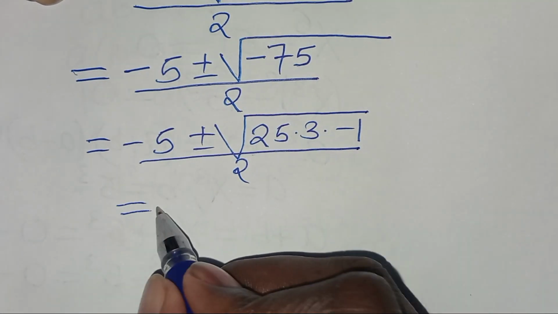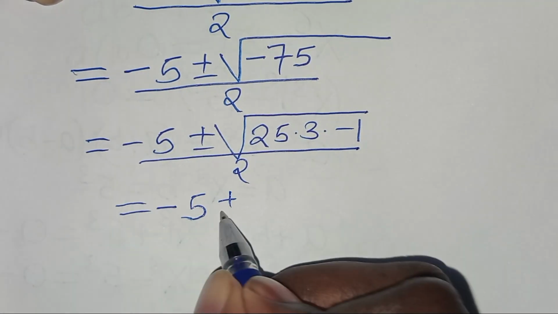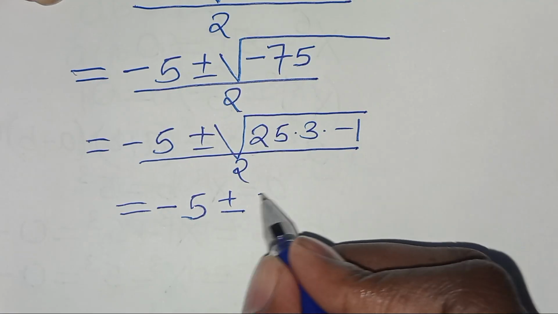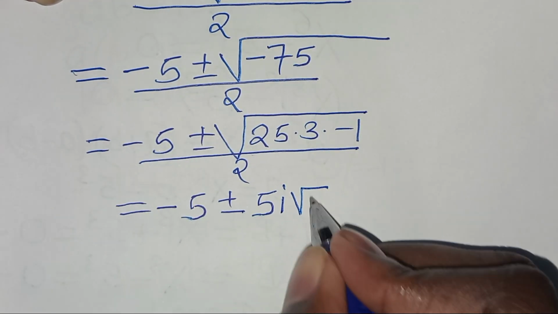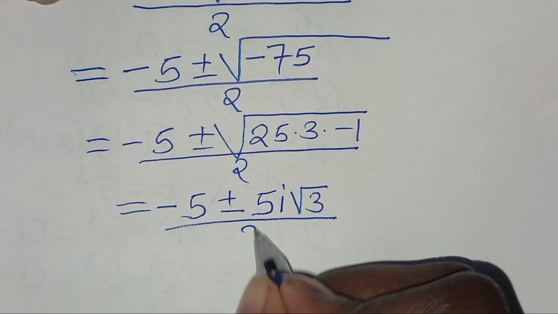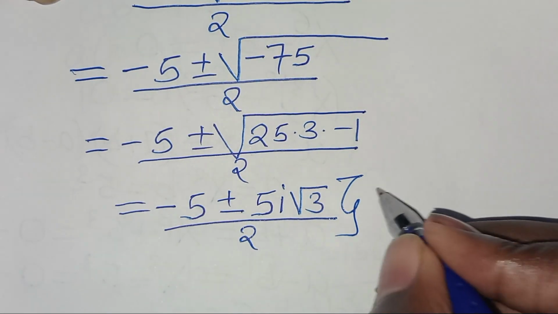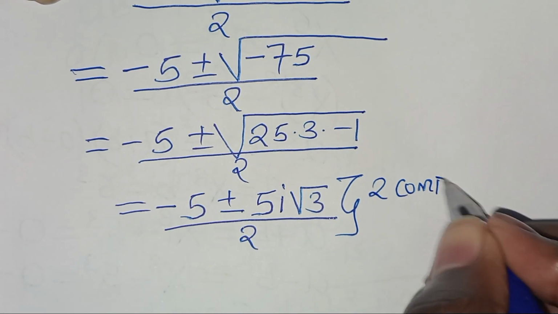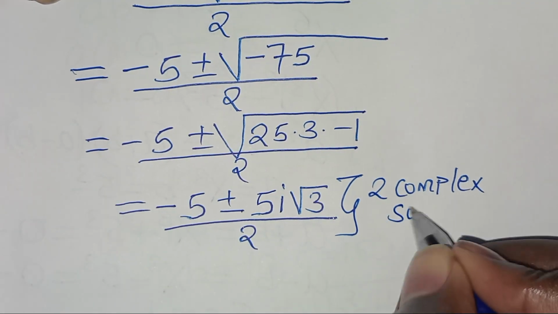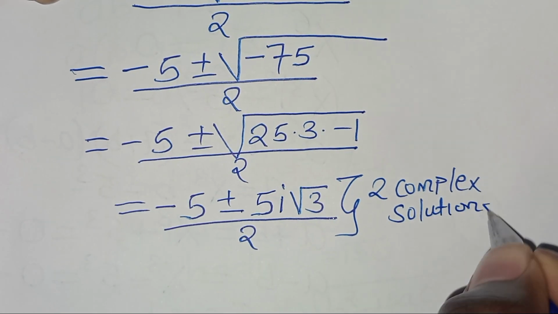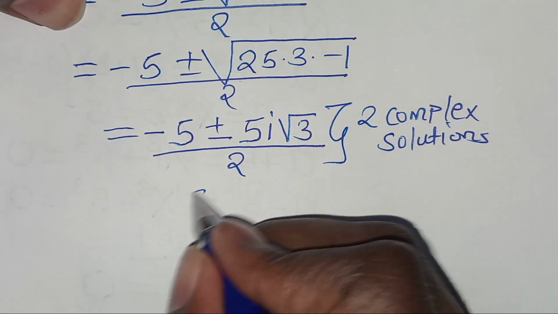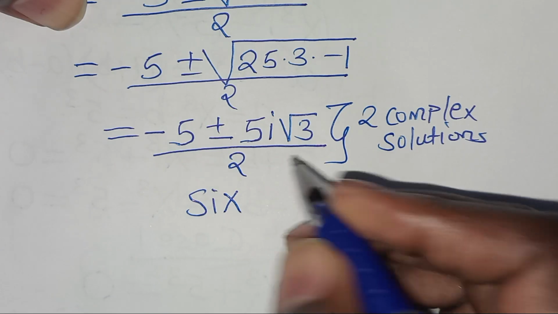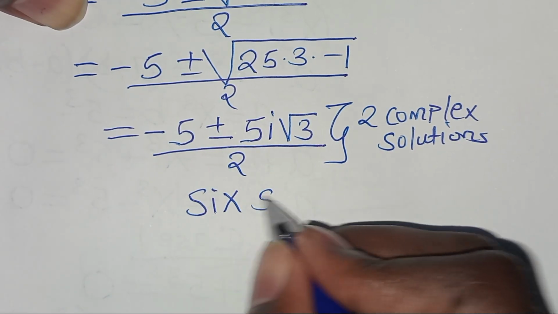So here we have minus 5 plus or minus the square root of 25, this is 5, square root of minus 1, this is i, then square root of 3 over 2. Now these are two complex solutions. These are two complex solutions under case 2, and therefore we have 6 solutions. We have a total of 6 solutions.